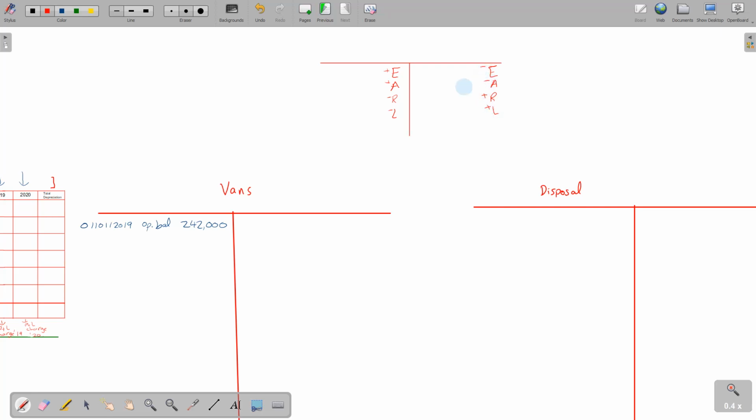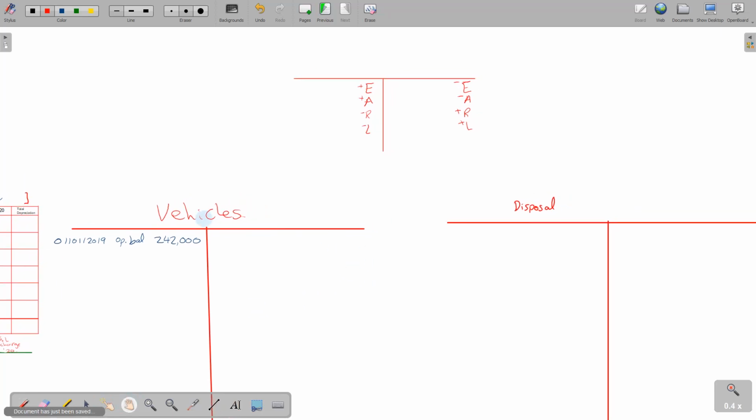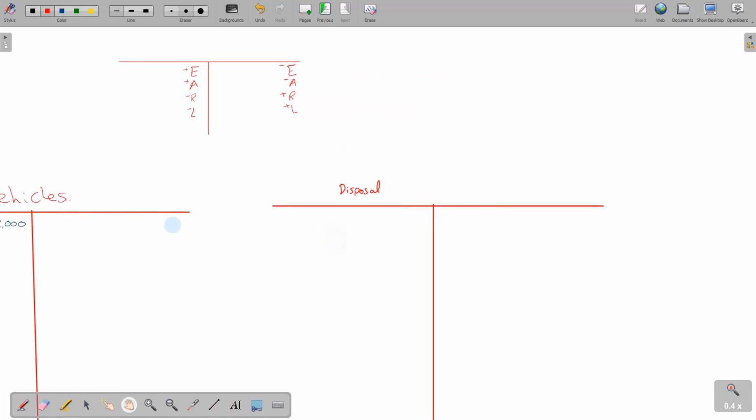Expenses and assets are negative. I called this account vans, just from a previous question when we were dealing with vans. So I'll just rename this one vehicles. So that's our opening balance.